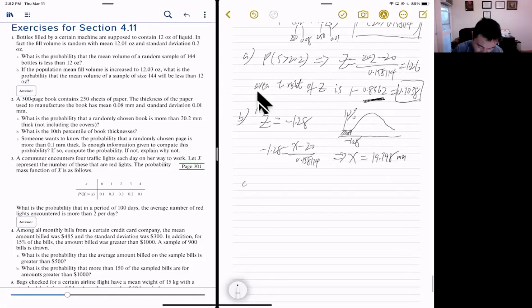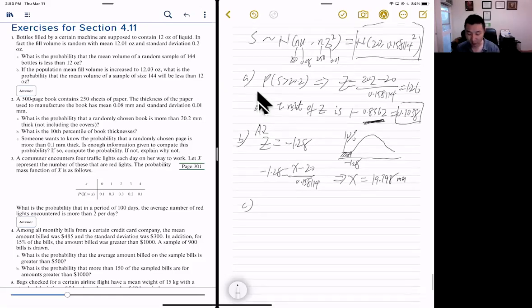Part C is a concept question. Someone wants to know the probability that one randomly chosen page is more than 0.1 millimeter thick. Is enough information given to compute this probability? The answer is no, because we do not know what type of distribution a single page thickness follows. The question didn't tell us about this.